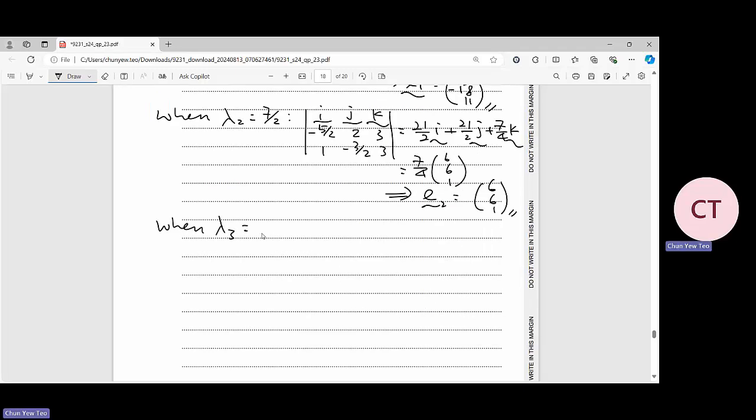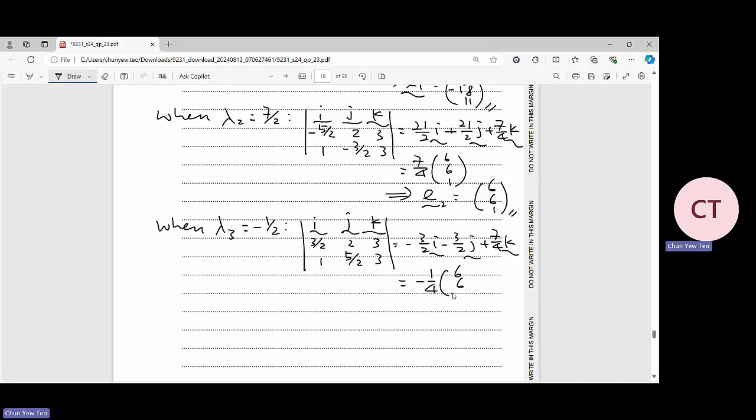Then when lambda number 3 is equal to negative half, repeat the same process again. Nothing special anymore. Also take the first two rows, and I get this. Okay, so I factorize the negative 1 over 4 out.